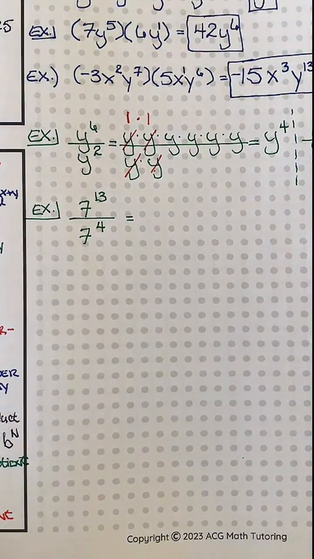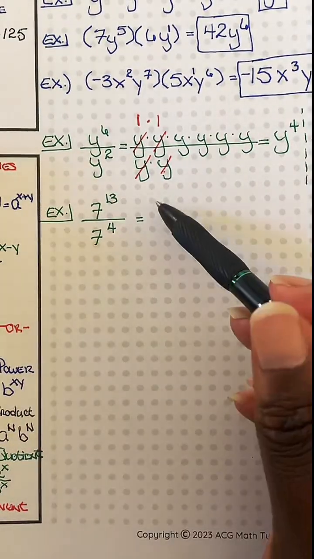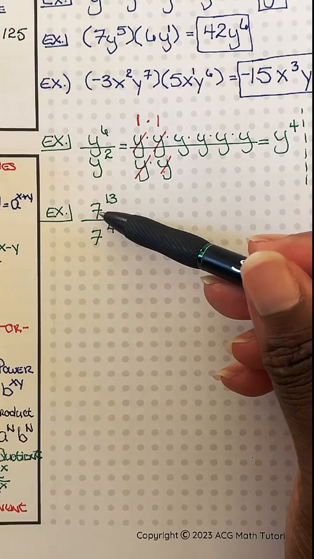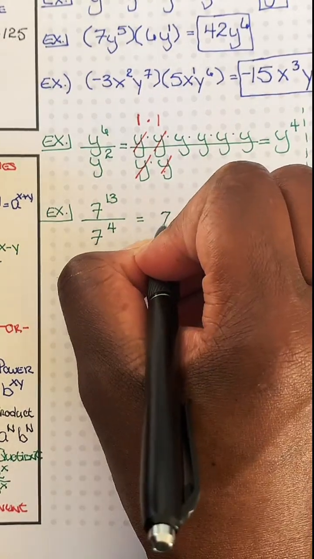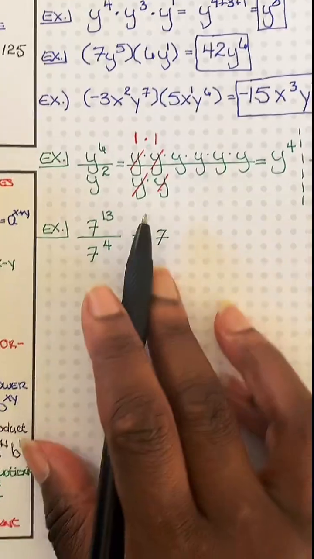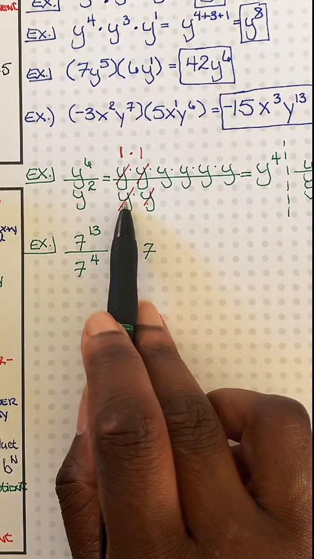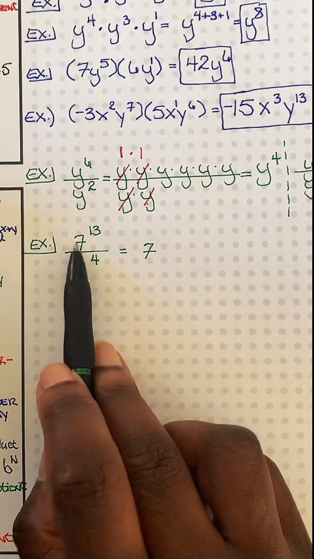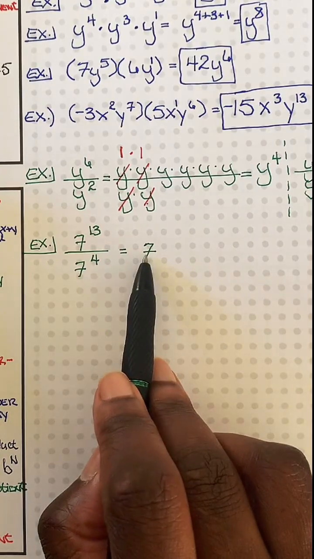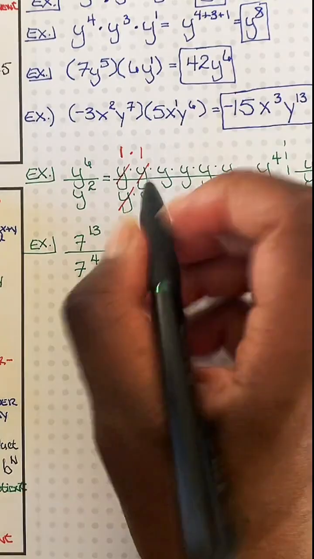Now, this is what happens, guys. When you're dividing, you're going to keep the base. So the base is still going to be the same, just like how we did with the y's: we multiplied 6 y's and divided by 2 y's. Our base is not being divided, it stays the same, but you are going to subtract the exponents.